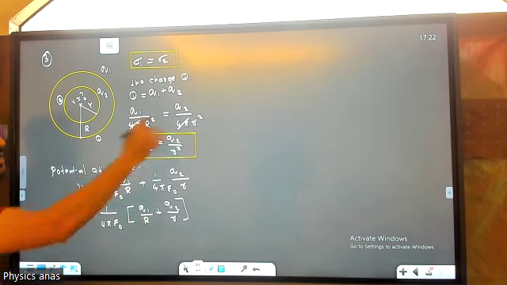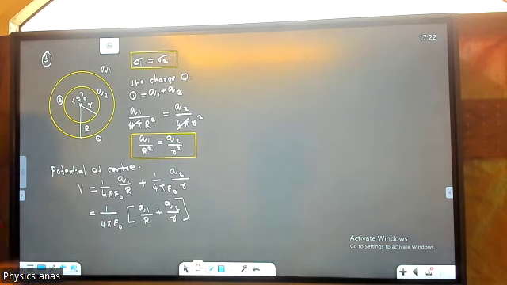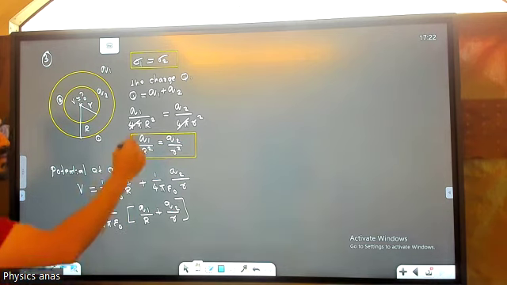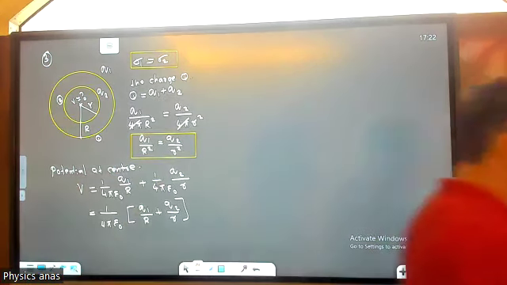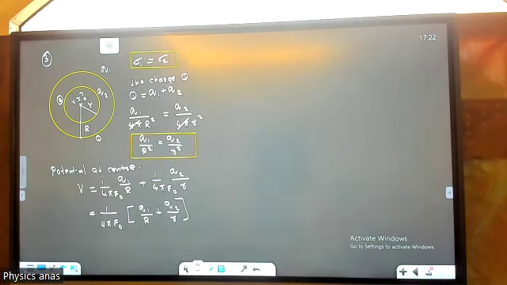If you are converting this Q2 or Q1, what will that be? If I am writing for Q1, what will be the value? Q2 into R square by r square. Or you can take Q2 also.